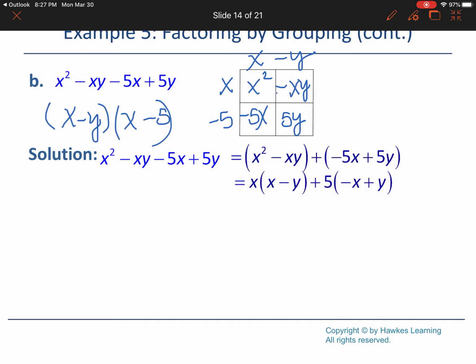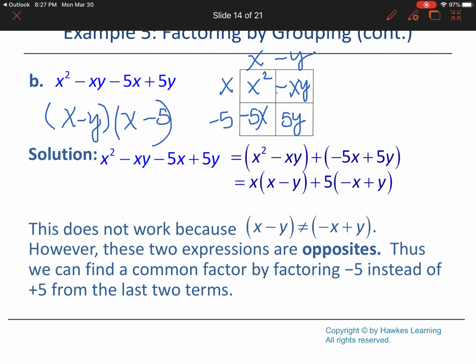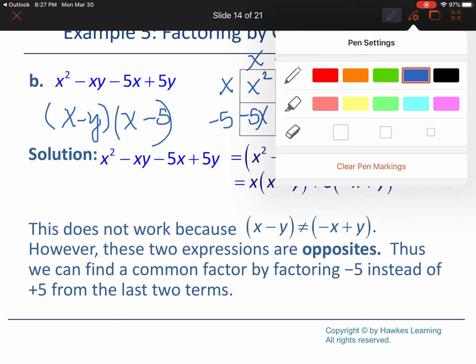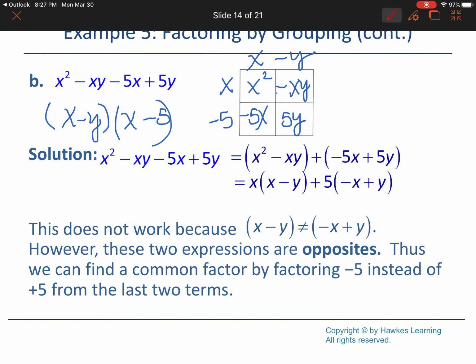All right, so we'll just look and see how we did this with the regular grouping way. So here's one of the things that we ran into trouble. And again, it came down to this thing that we did before.